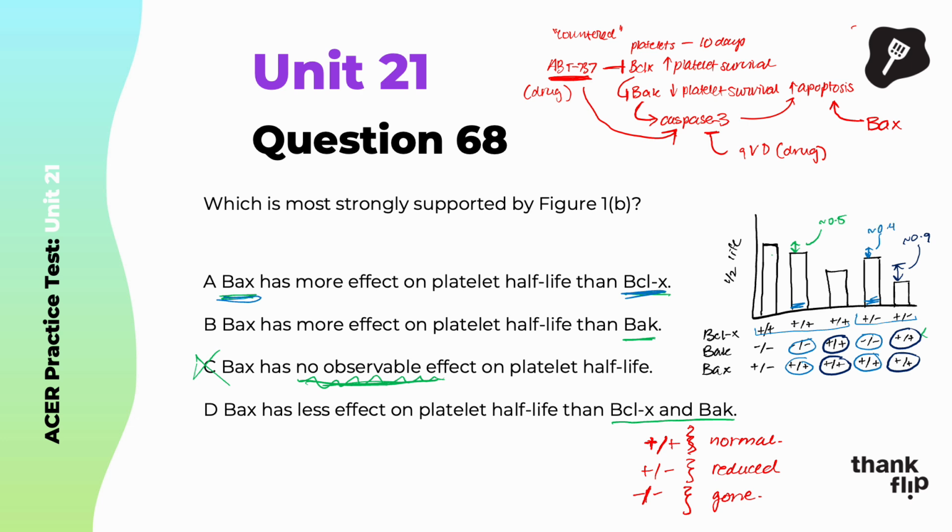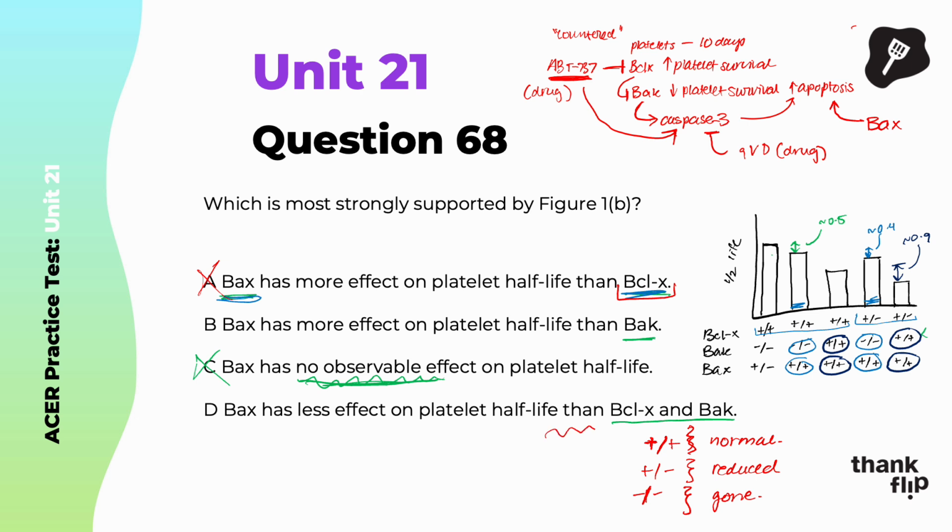But which one of these do we actually use, right? Well, we don't actually even have to pick which one to choose, because based on figure 1b, this is figure 1b, you can't confidently say that BAX has more effect on platelet half-life than BCLX. So you can eliminate this option for now.